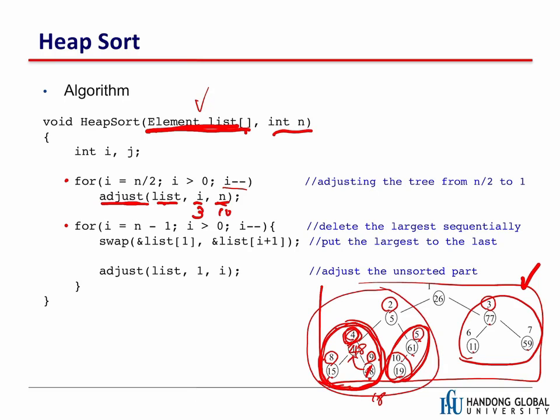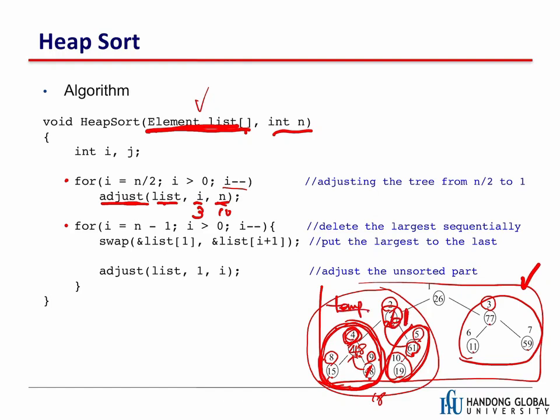Now we are focusing on this subtree. Remember this one is adjusted and this one is adjusted, and now we are focusing on the bigger subtree. So we compare the two children, 48 and 61. 61 is larger than 48, so we focus on this one, and 5 is smaller than 61. So 61 will be copied to here.